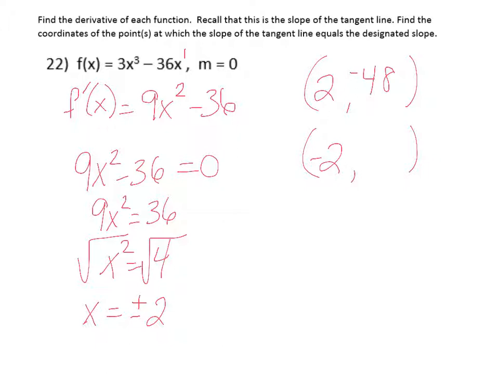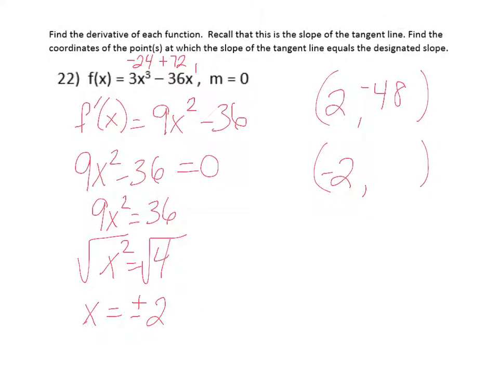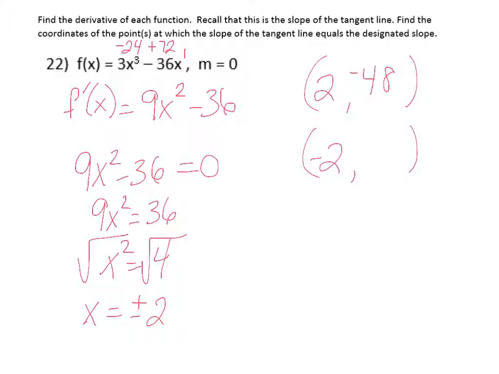Let's try again with -2. -2 cubed is going to be a -8 times 3 is -24. And then I put -2 in for x. That's going to make that a positive 72. When you combine those two like terms, you're going to end up this time with a positive 48.